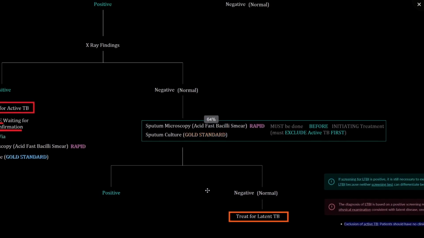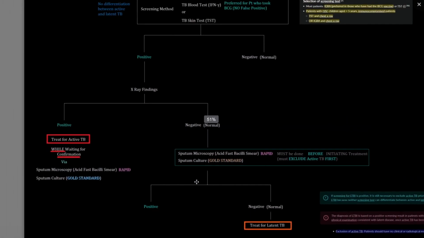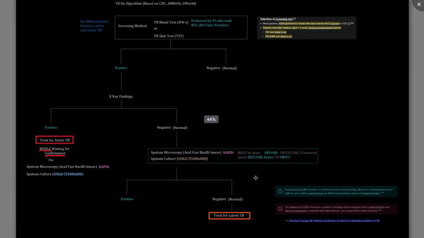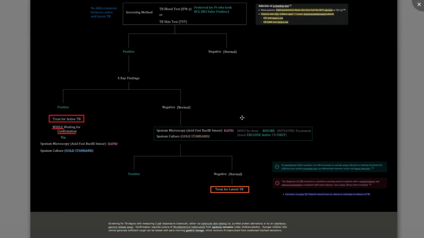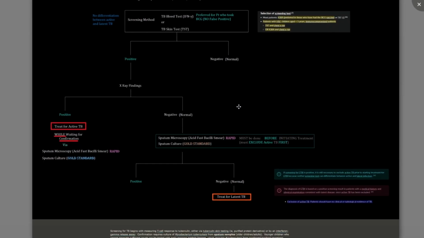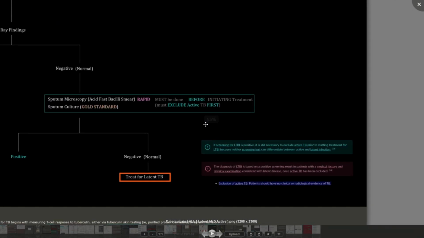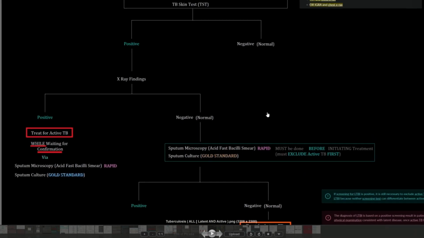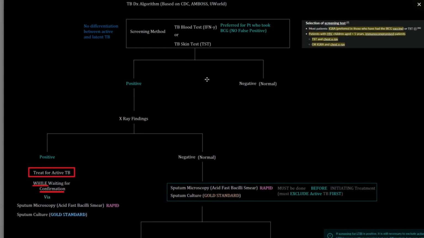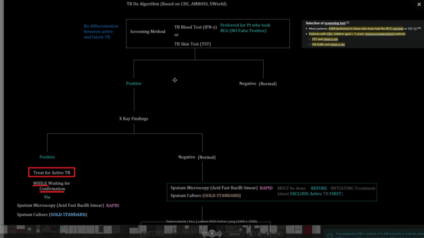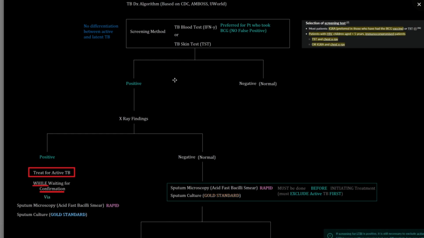So this is the algorithm in general. I'm going to drop a link for the whole algorithm in the description box. You can see the other details, but in general, this is the most important part. First, you are going to do a screening test, either a blood test or a skin test. If it came positive, this is TB.